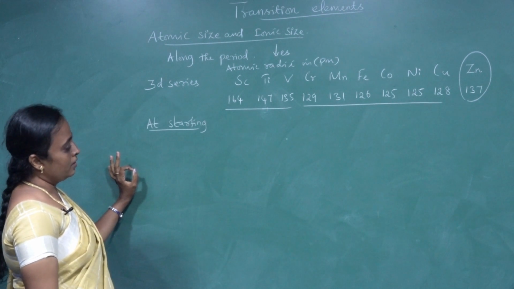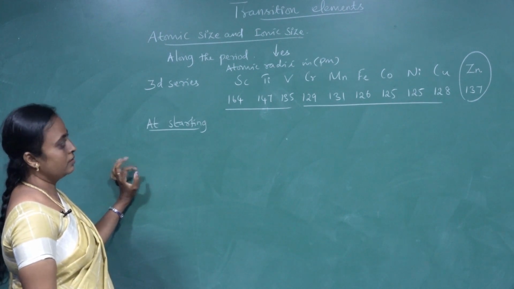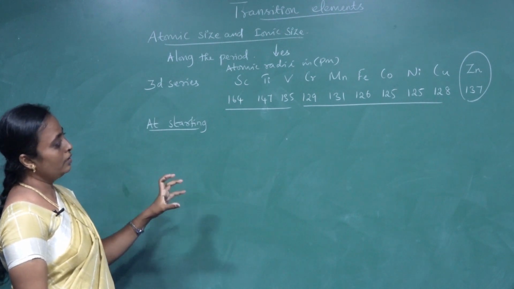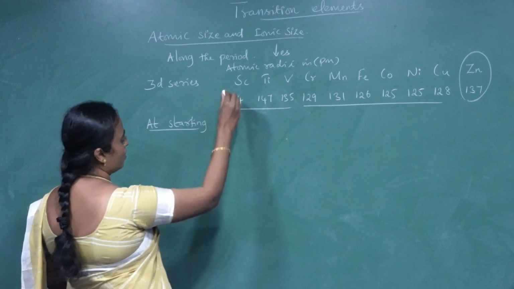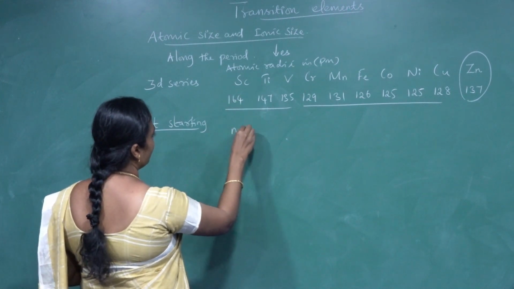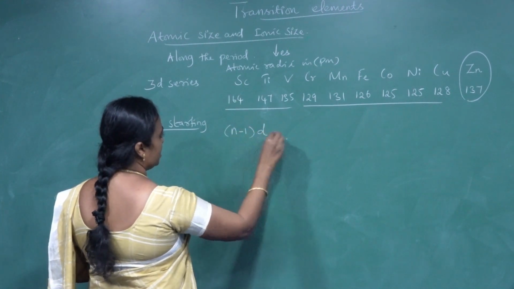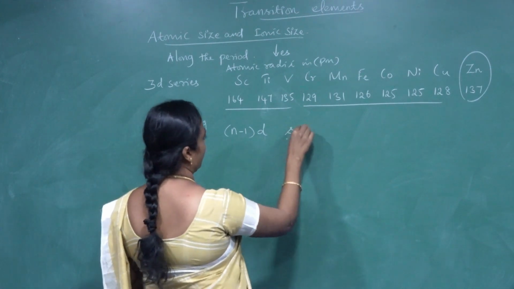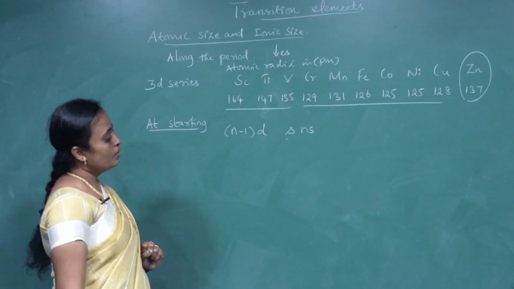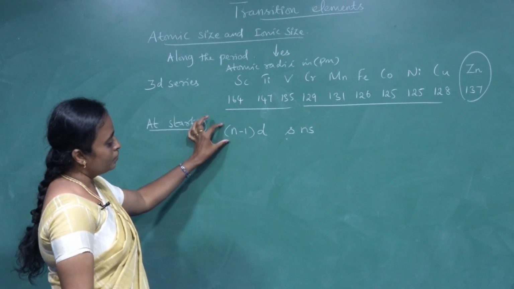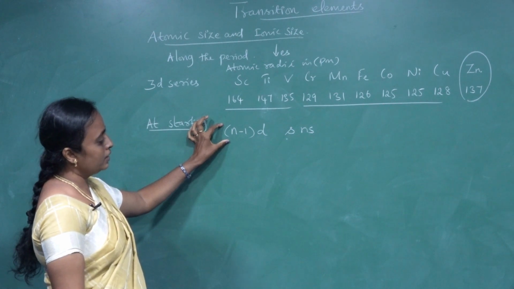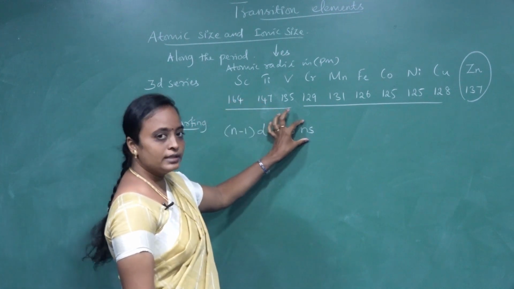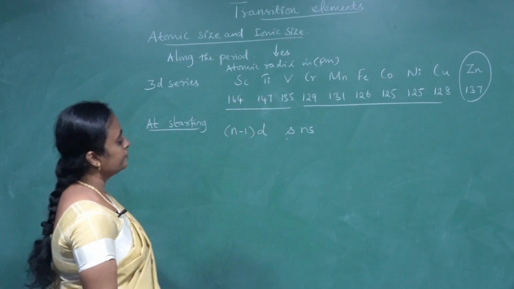The outer electrons of a d block element are the n minus 1 d and the ns electrons. Here the n minus 1 d acts as the inner shell, and the ns electron acts as the outer shell.